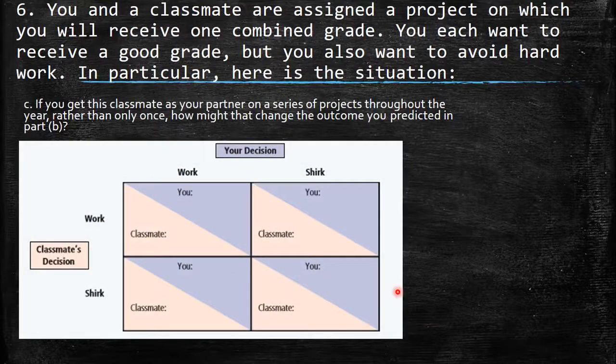So then if you get this classmate as your partner on a series of projects throughout the year rather than only once, what we call repetitive games, how might that change the outcome you predicted in part B? This is so nice because we already predicted that this should be the Nash equilibrium, but if you start to shirk from the very beginning, you will receive 10.